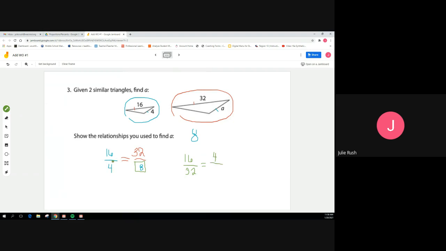And then this is where the 8 would be, okay? And again, everything matches up the exact same way that it did. It doesn't matter which way you write it, as long as your corresponding sides are on top of each other or next to each other.